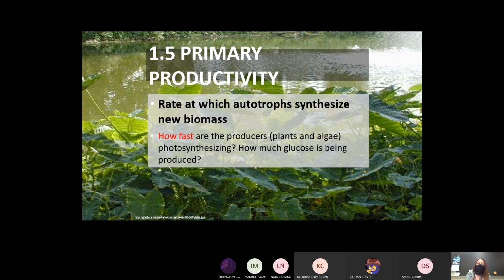Sometimes it does get referred to as an amount, meaning how much energy or how much mass is being produced instead of how fast it's being produced. And again, when we look at energy from a plant perspective, we're looking at glucose.